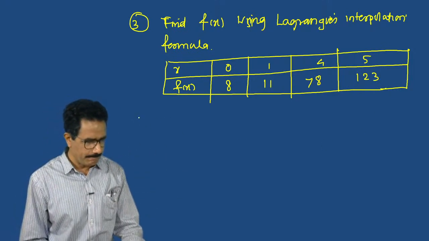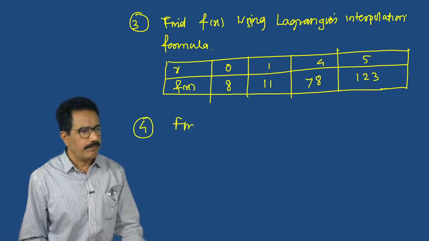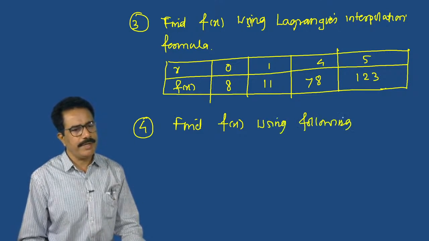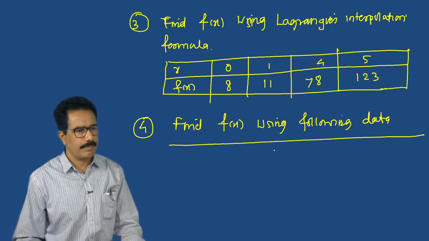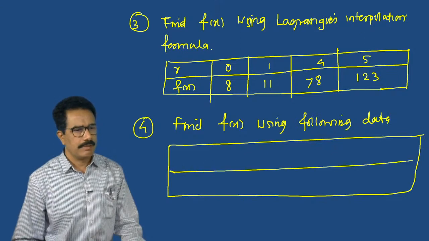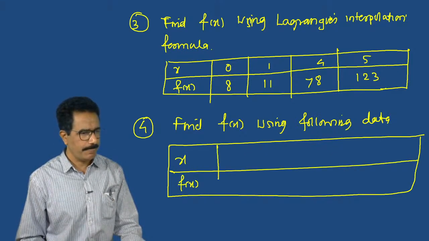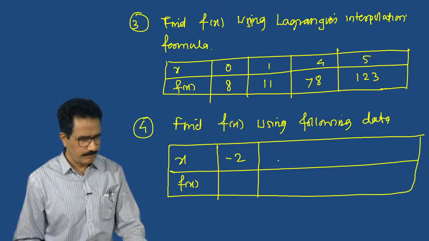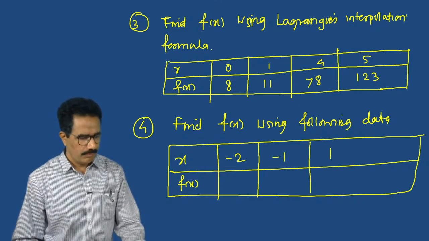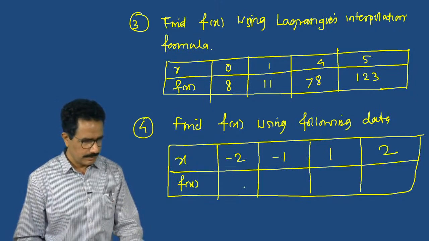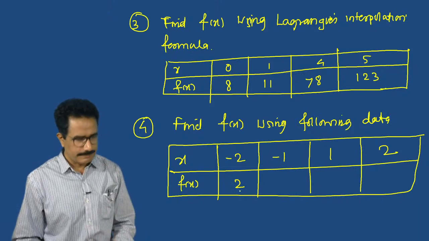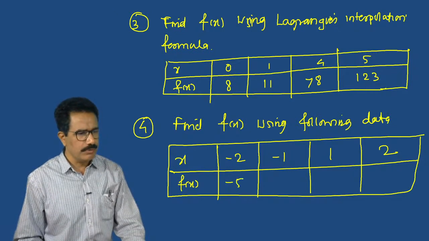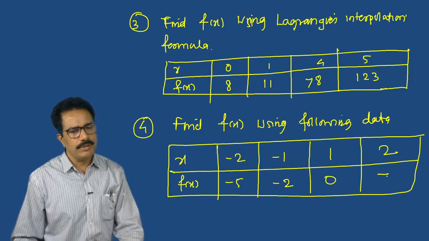And the last one, number 4: find f of x using the following data. x, f of x: -2 -1 1 2, -5 -2 0 7.